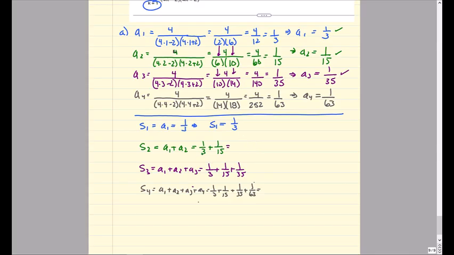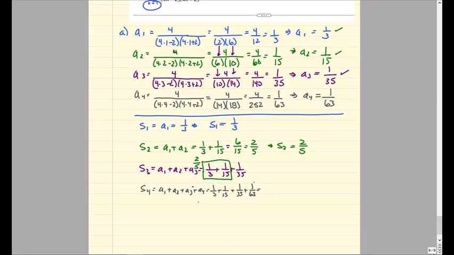So this partial sum, 5 times 3 would be 15, so this would be 6 over 15, which we reduce, each are divisible by 3, to 2/5. So S sub 2 would equal 2/5. Okay, so for our next one, I'd have 1/3 plus 1/15 plus 1/35, but remember, I already know that this partial sum I just found above was equal to 2/5.